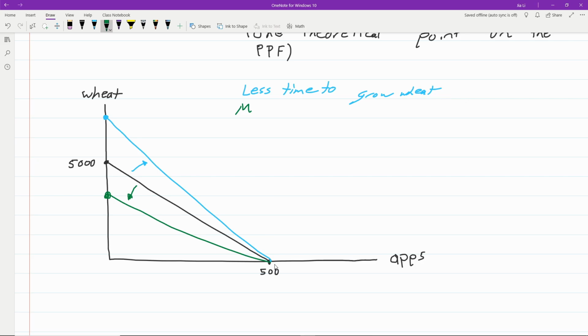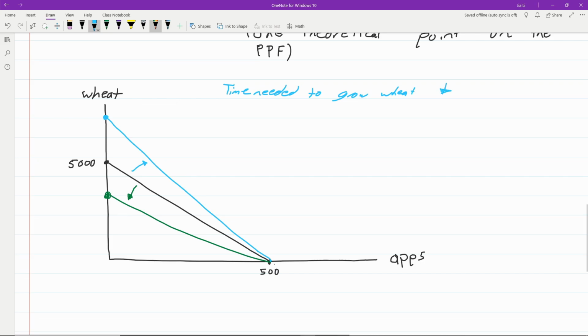Actually, just to make sure that's clear, I should probably rewrite that. Let me actually write it like this: time needed to grow wheat decreases.